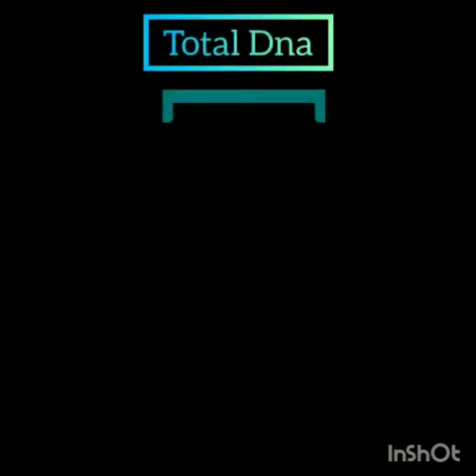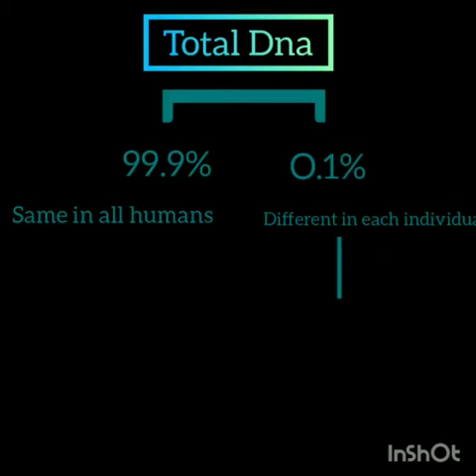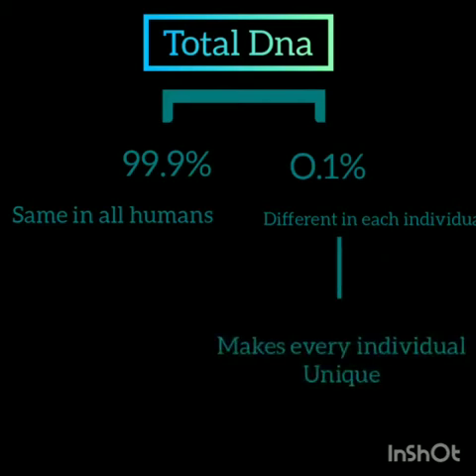Now students, it is said that 99.9% of the DNA is the same in all human beings and 0.1% of the DNA is different, that is, it shows polymorphism, and this 0.1% difference makes each individual unique.